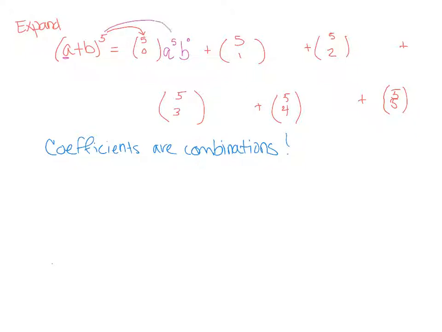Remember that this is coming from right here though, where n is 5. So a to the n, first term to the n, and b to the 0. Second term to the 0 power.